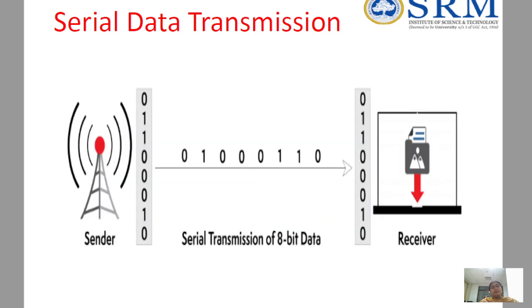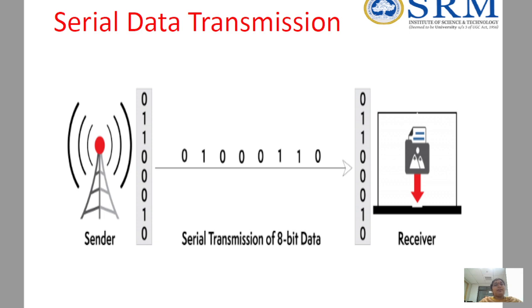So see the picture here. The left is the sender and the right one is the receiver. So 8 bits of data are being transmitted from sender to receiver in perfect order. If 0 is sent first, the order of receiving the bits is also the same.